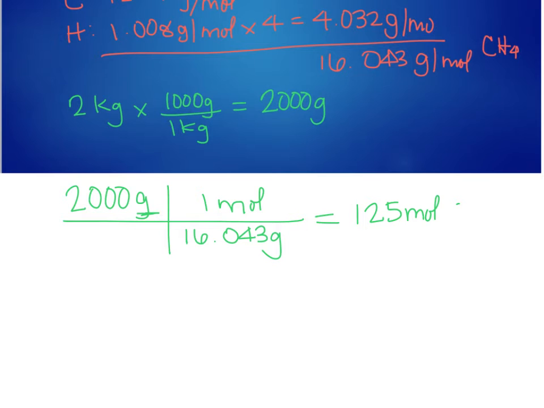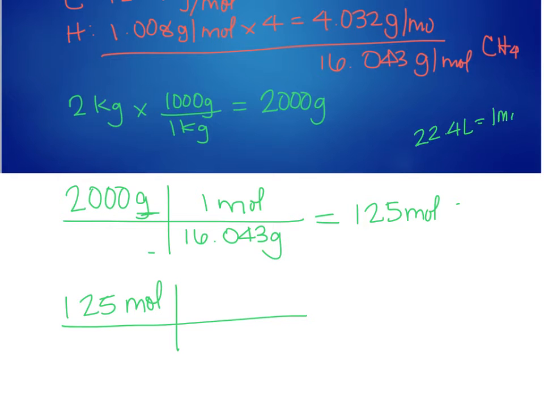And then what I'm going to do is take that 125 moles, and you could have kept going if you wanted to on this up above, but I'm going to take that 125 moles and apply that conversion factor that said that 22.4 liters is equal to 1 mole.